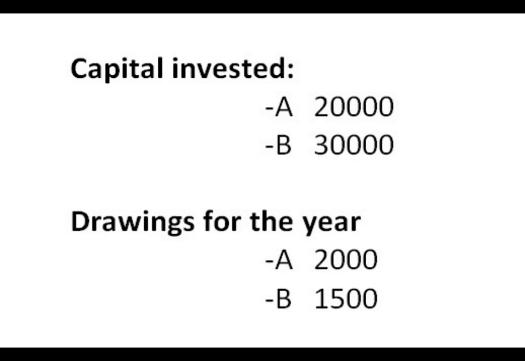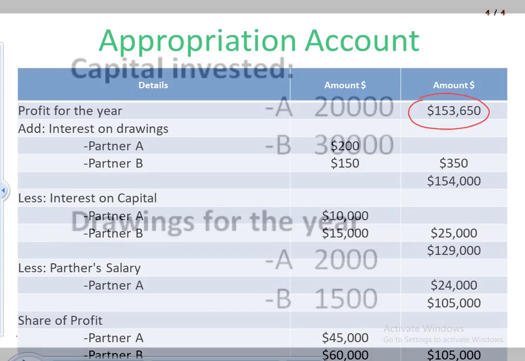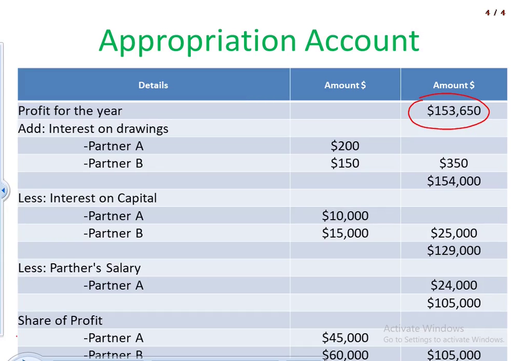Let's say capital invested by each partner is 20,000 for partner A and 30,000 for partner B. And drawings for the year is 2,000 for partner A and 1,500 for partner B. Now, interest on drawings is charged to partners, and let's say in this case it is 10%. Partner A's drawings is 2,000, and 10% of that would be 200.